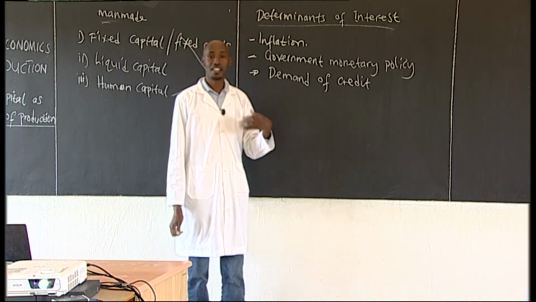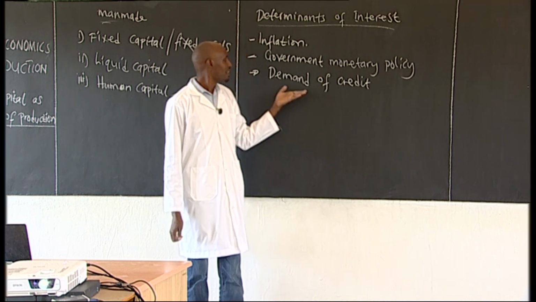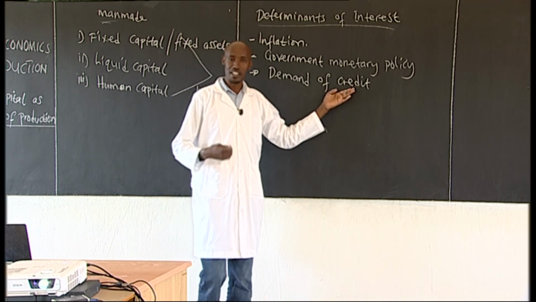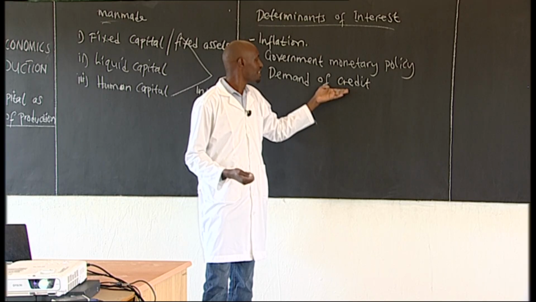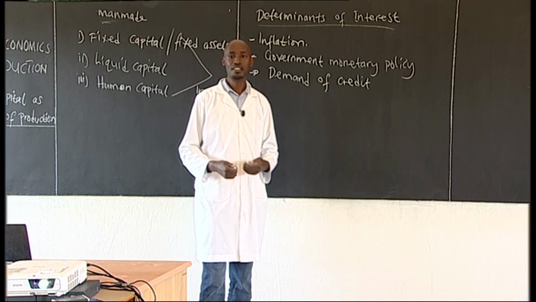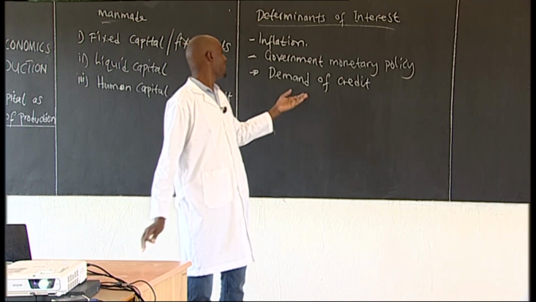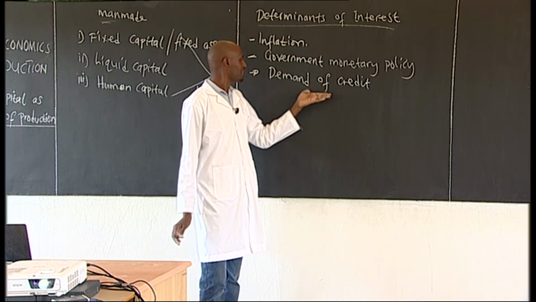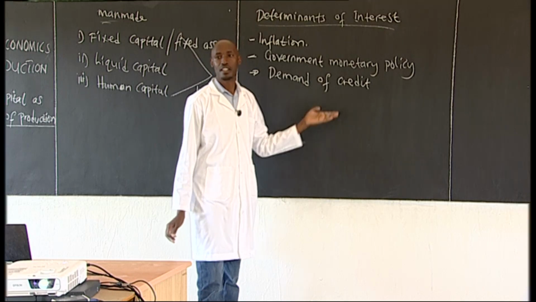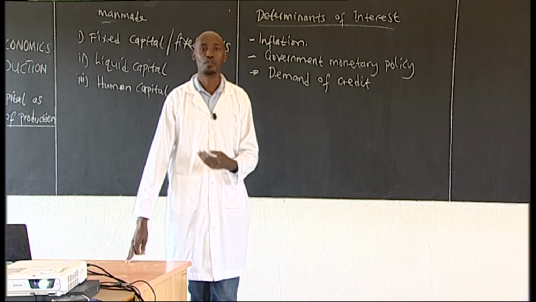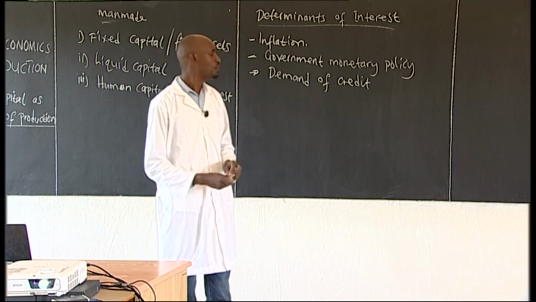Why is it high? There is demand for credit. The interest rate also does what? Increases. So when demand is low for credit, you'll find that interest rate will also be low.